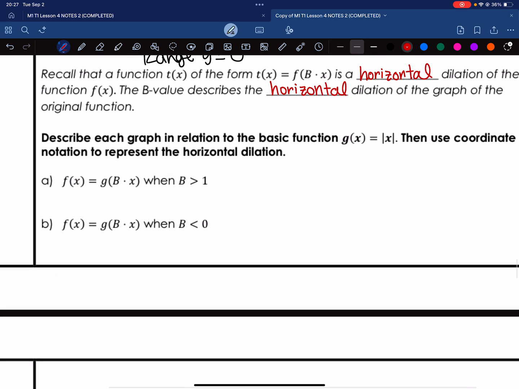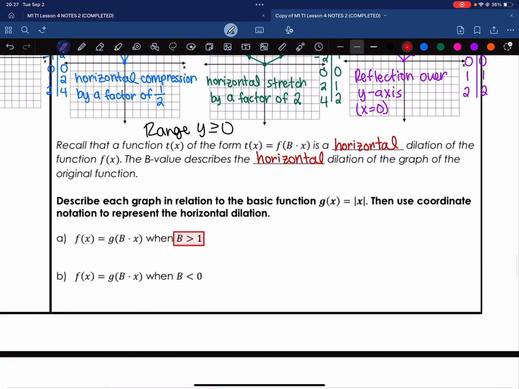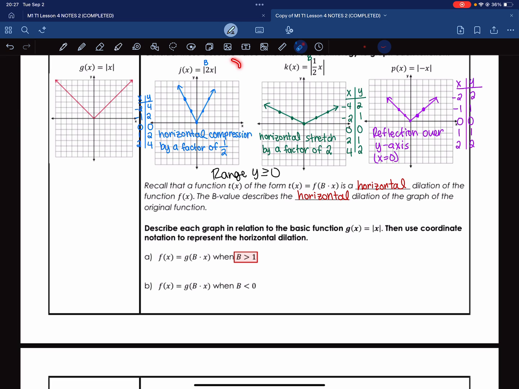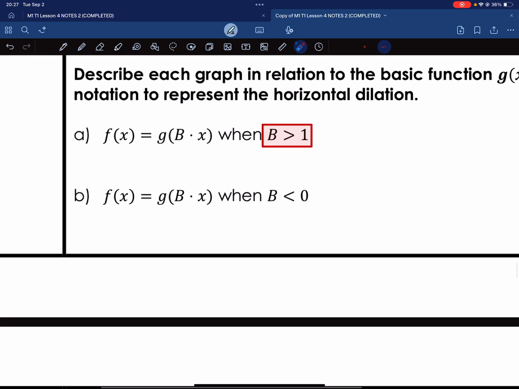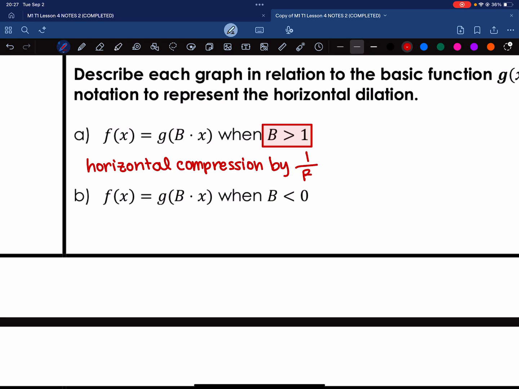So when your b value is greater than 1 in the equation, that was our very first example, that means that you have a horizontal compression by 1 over b. You turn it into a fraction.